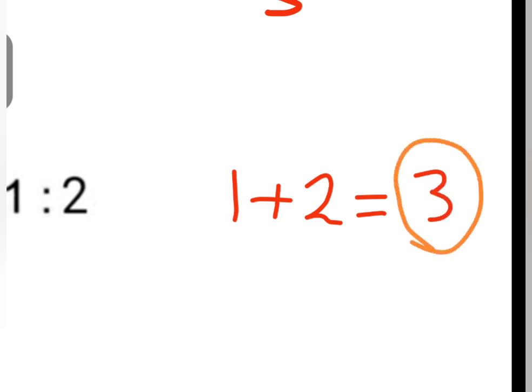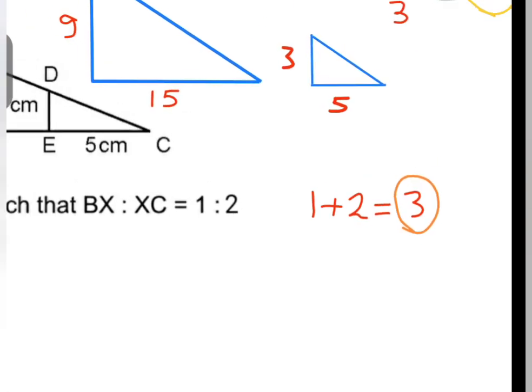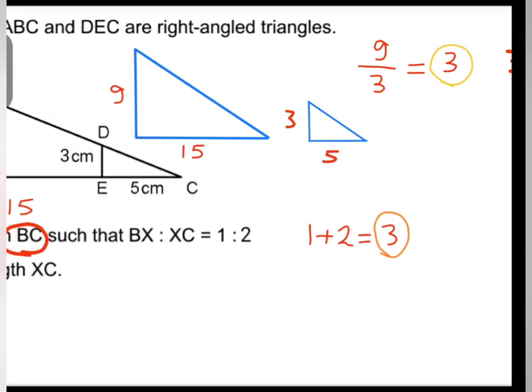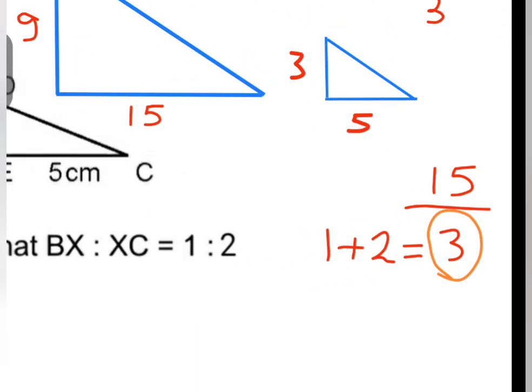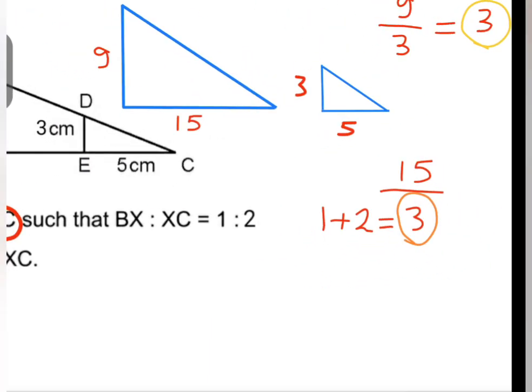So 1 plus 2 equals, very good, 3. So after adding the ratios together, we're going to use it with the length of BC here, which is 15. So we're going to say what? We're going to say 15 divide 3. So we took this and we divided on the ratios together.